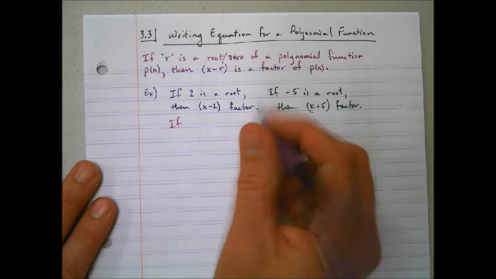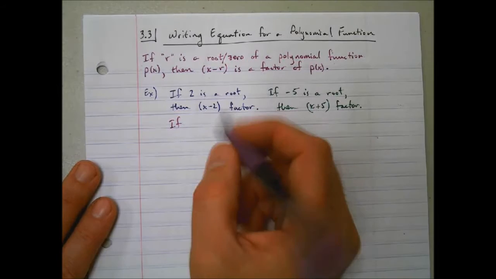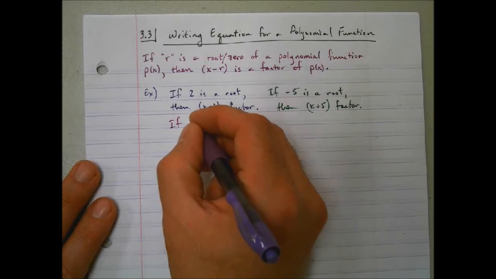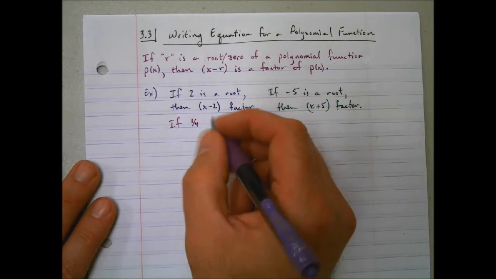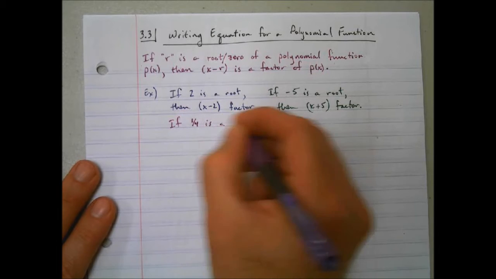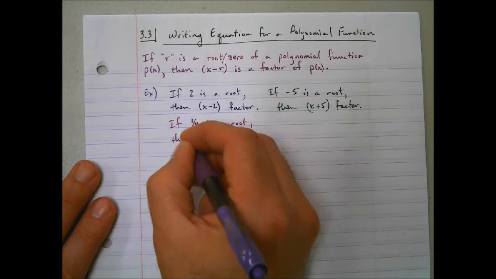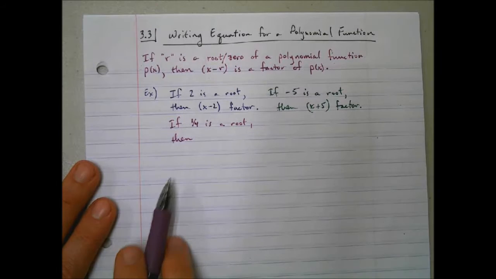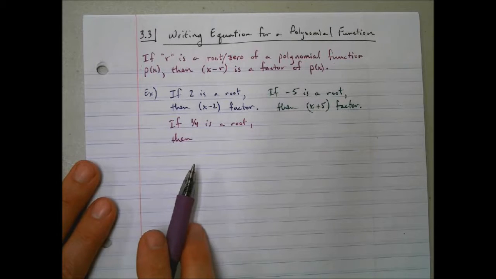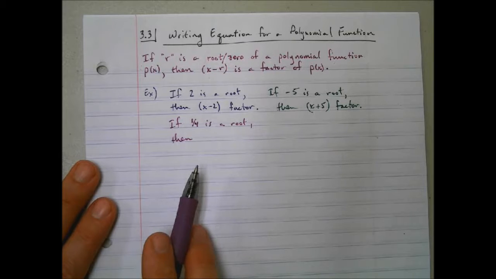If one-fourth is a root, then we can say that it's x minus 1/4, but we try to avoid fractions whenever possible.